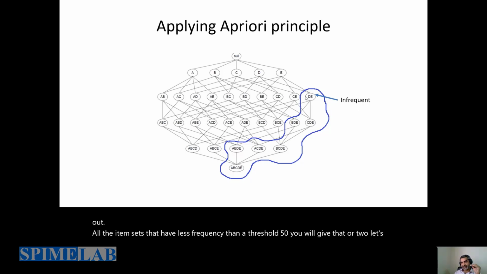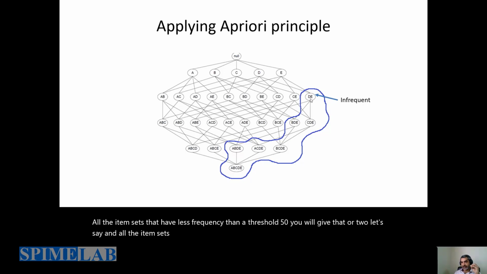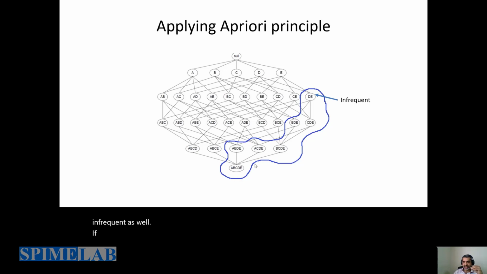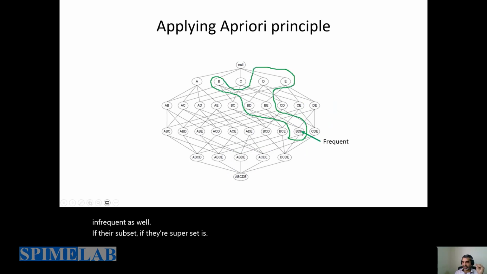And if an item set's subset is infrequent, its supersets will be infrequent as well. If a superset is frequent, like BDE, then its subsets will be more frequent. This is what a priori principle is saying, and we are trying to capitalize on this principle.